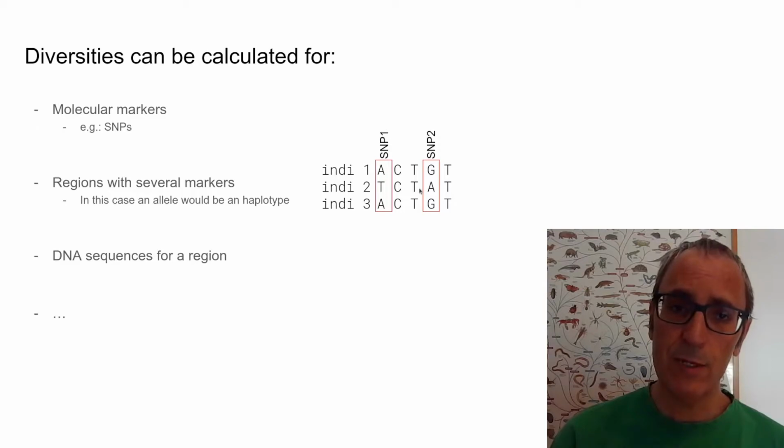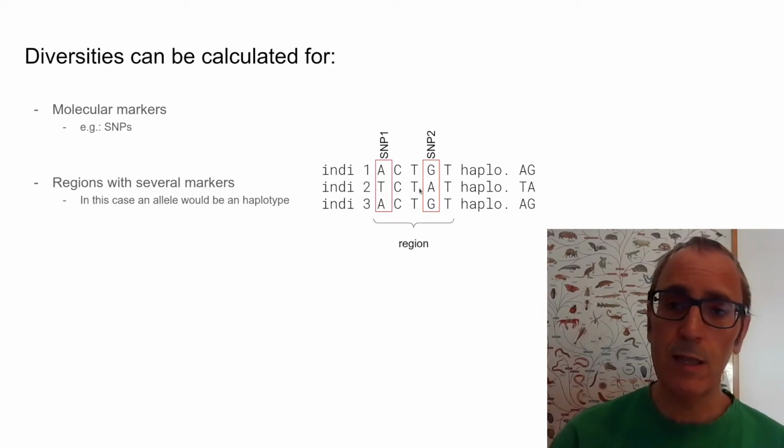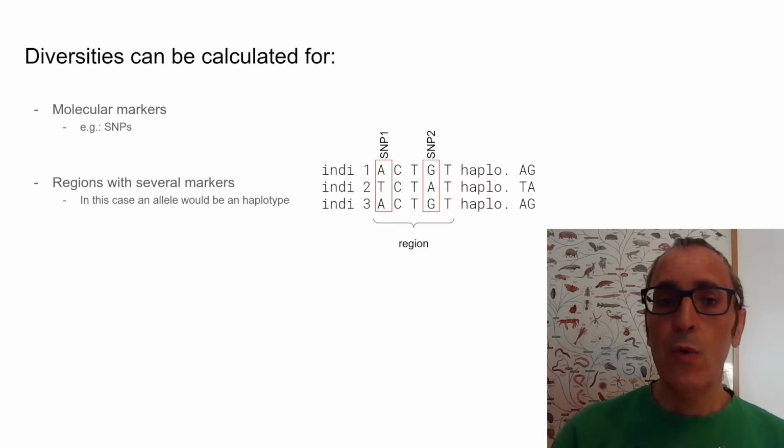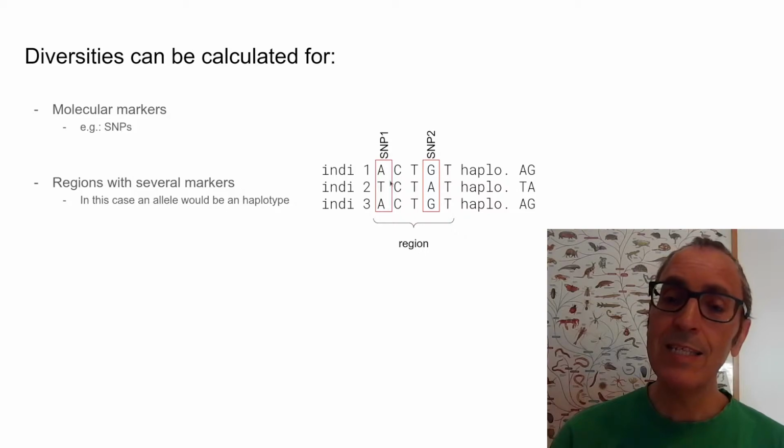That is a possibility, but there are other possibilities. For instance, we could consider a region with several markers, and we could consider the haplotypes, not the genotype of each marker, but the haplotype.